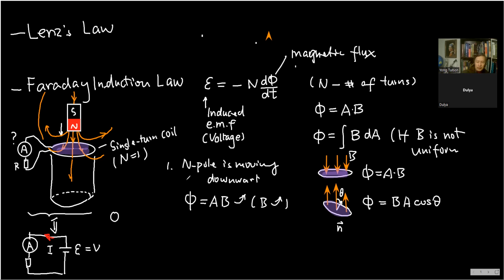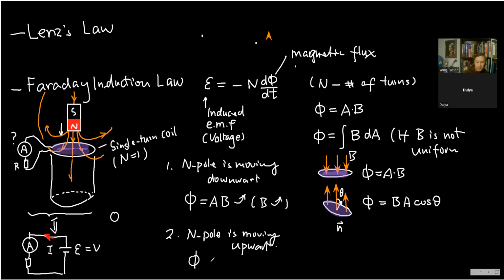So what would happen? Can we just go to another scenario? Consider the same setup, with the North Pole down, and the North Pole is leaving, moving upward. What would happen? Will phi change?